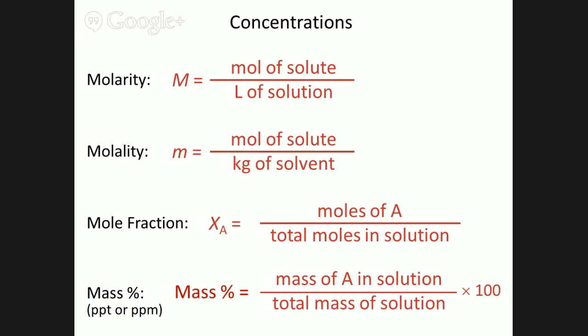Parts per million, ppm, hardly any has been dissolved. You often see ppt and ppm when we're worried, for instance, in contaminants, maybe something we don't want in our drinking water, for example. Even at parts per million, we may be worried that too much of it would be not healthy for us over long periods of time.